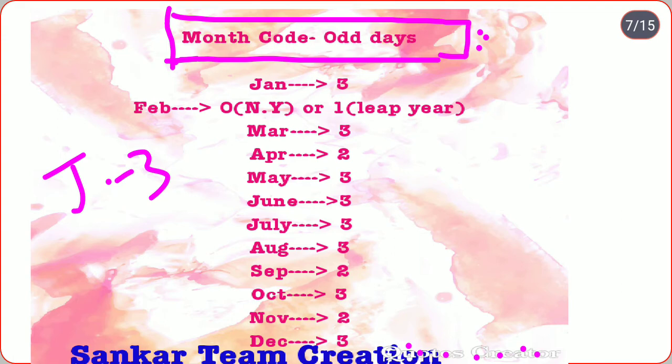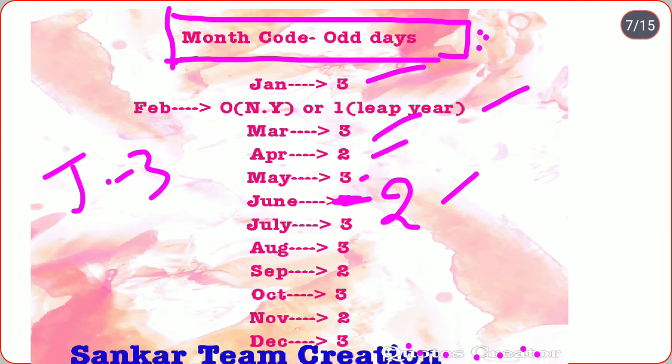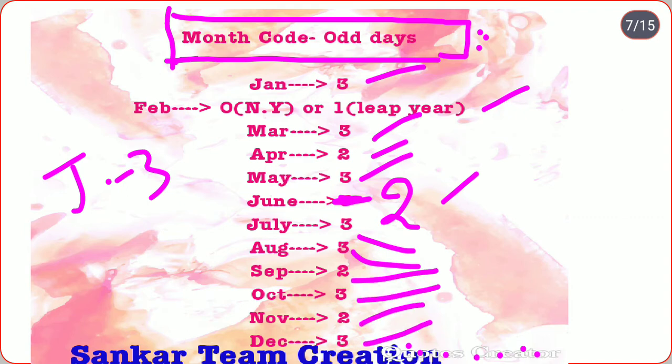So June 2. January 3, February 0 or 1, March 3, April 2, May 3, June 2, July 3, August 3, September 2, October 3, November 2, December 3. So the month code structure is on the next page.